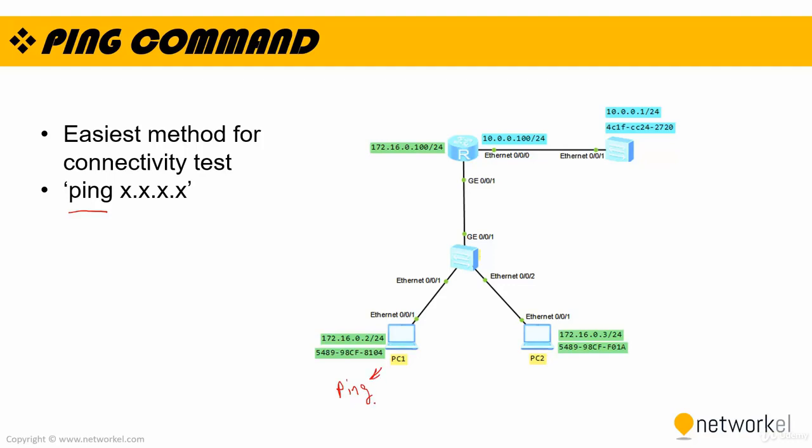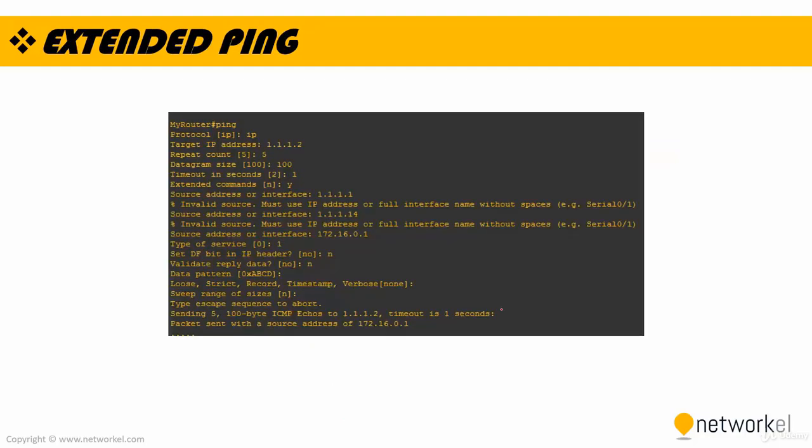I can use that ping, the address ending in .3, and check whether I have reachability to PC2 or not. I can also use the extended ping, which has other features, like how many times I can ping. I can specify the datagram size or timeout, and so on.